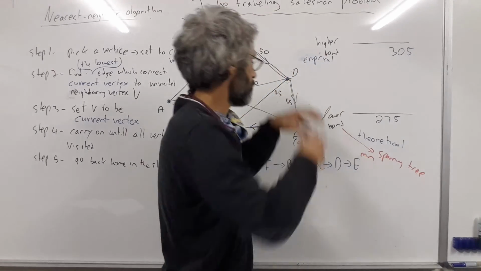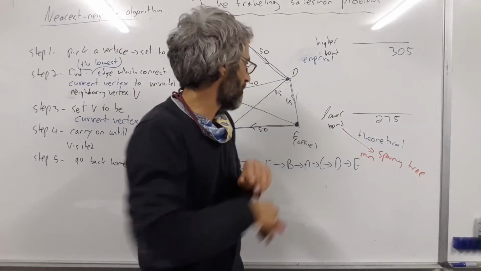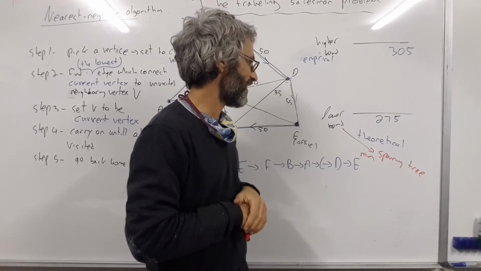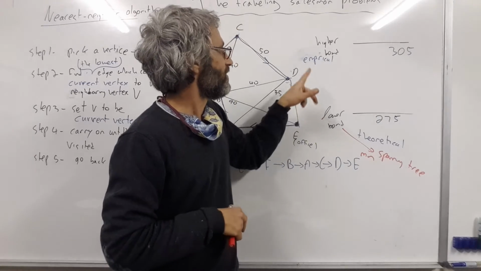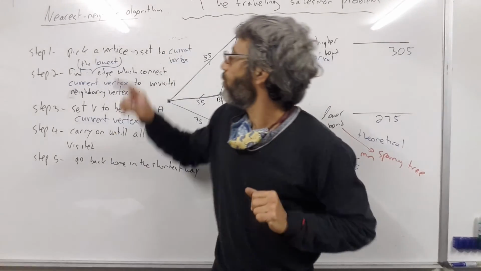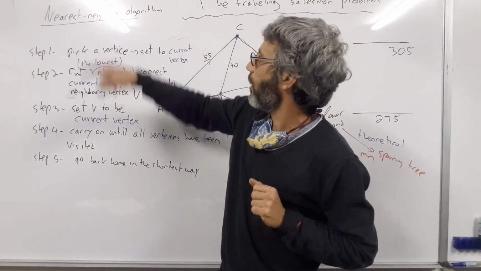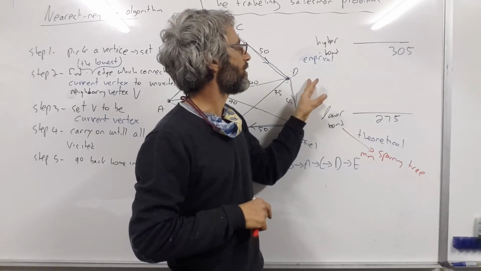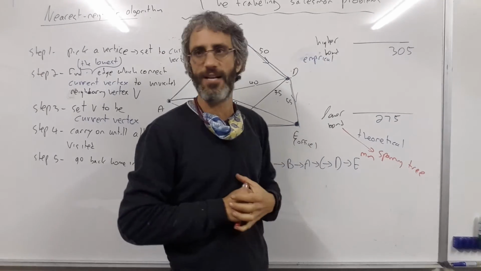We had to remove one vertex and connect it eventually later. Then we use the nearest neighbor algorithm to find a real, what I call empirical solution, which at this point is our highest bound.